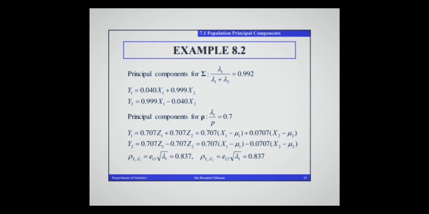So let's say here rho y1 z1, according to the formula it will be e11 multiplied by the square root of lambda 1.